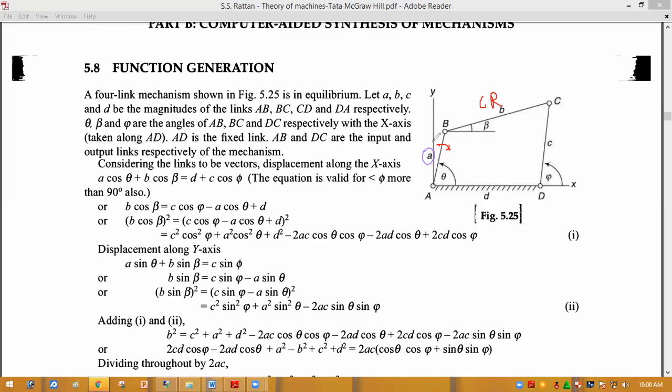So AB will rotate and CD will oscillate.